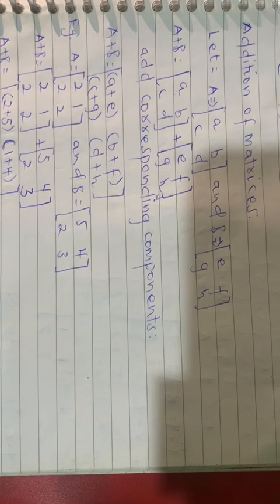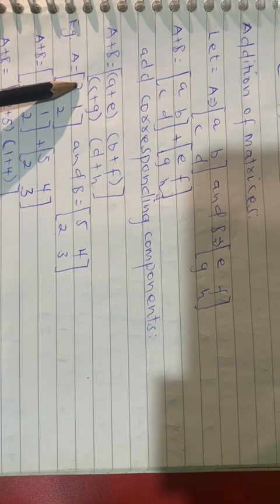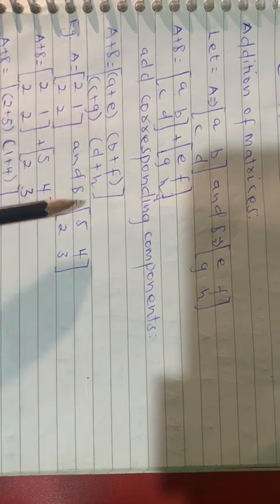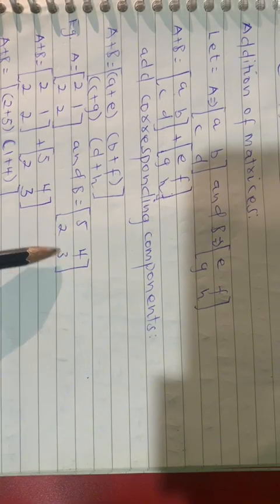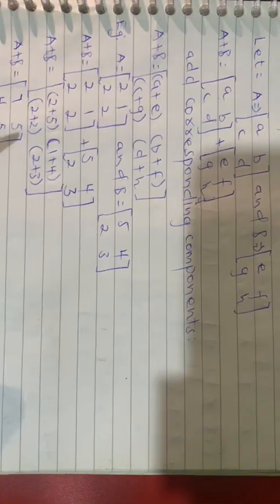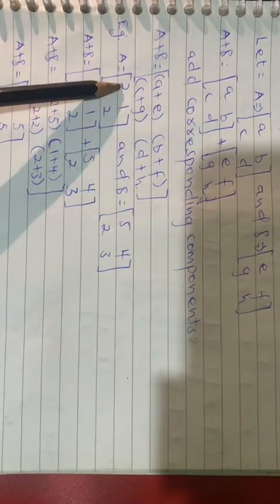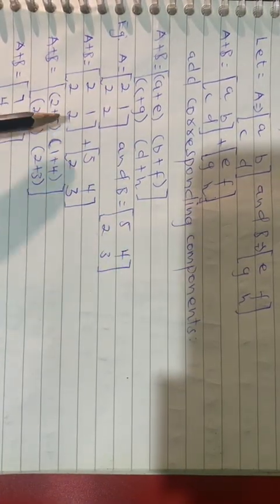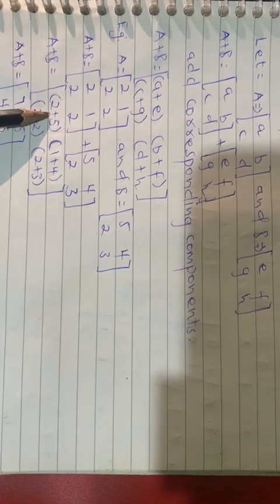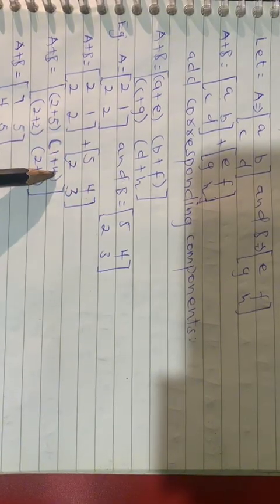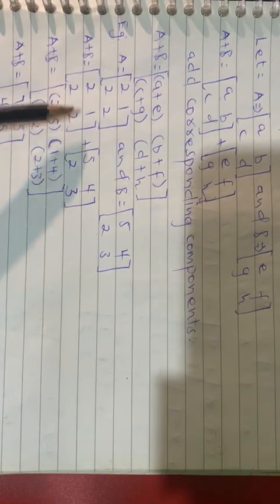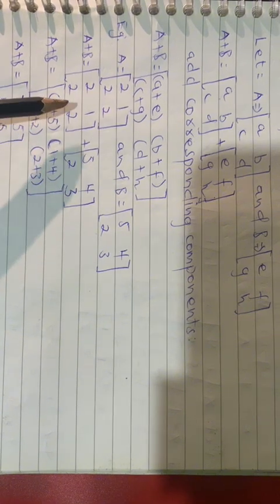You've seen it. All you have to do is just add the corresponding components, and that's it. It's not difficult. Let's take this for example. We have A as 2 1 2 2, and B is 5 4 2 3. To add corresponding components, I'm going to have 2 plus 5, 1 plus 4, 2 plus 2, and 2 plus 3.